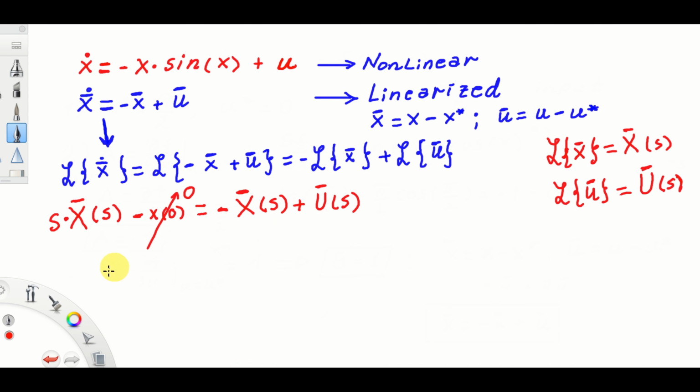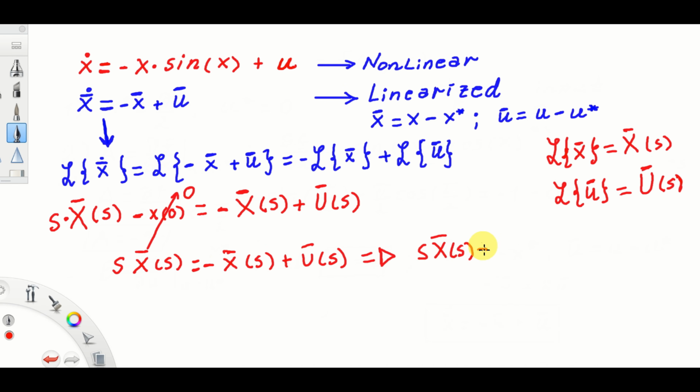and we obtain the following: s x bar of s is equal to minus x bar of s plus u bar of s. From this equation, we have that s x bar of s plus x bar of s, I simply move this term to the left hand side, is equal to u bar of s.